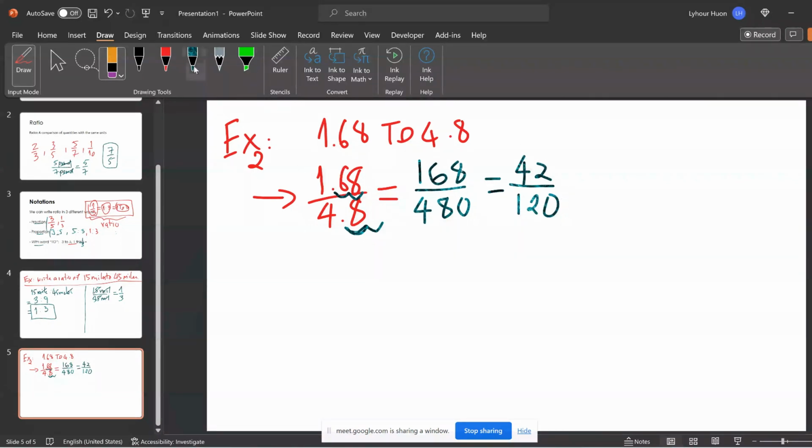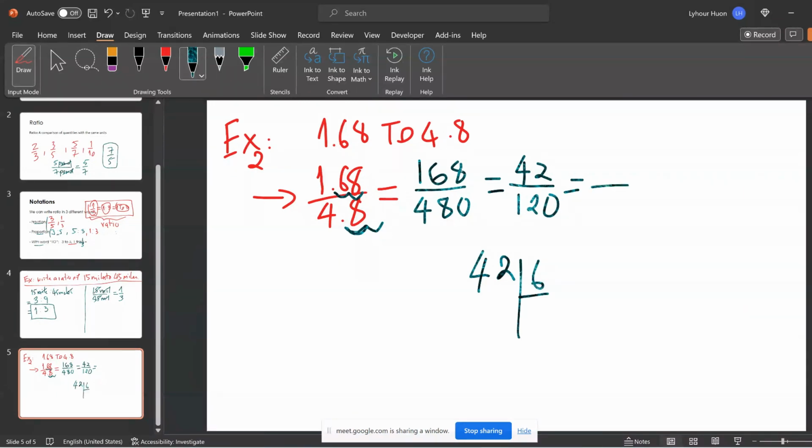We can simplify with 6, right? We can divide by 6. So 42 divided by 6 is 7, and 120 divided by 6 is 20.